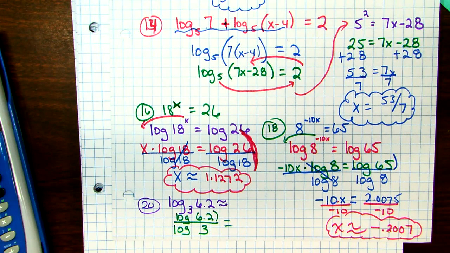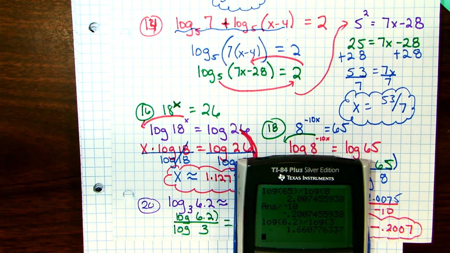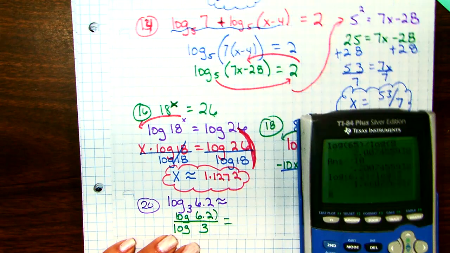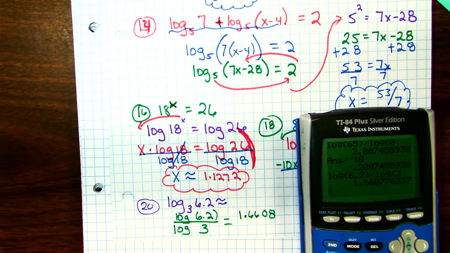So log of 6.2, close those parentheses, divided by log 3. And again with the rounding. 1.6608. Right? The 7 tells this 7 to go up to an 8.